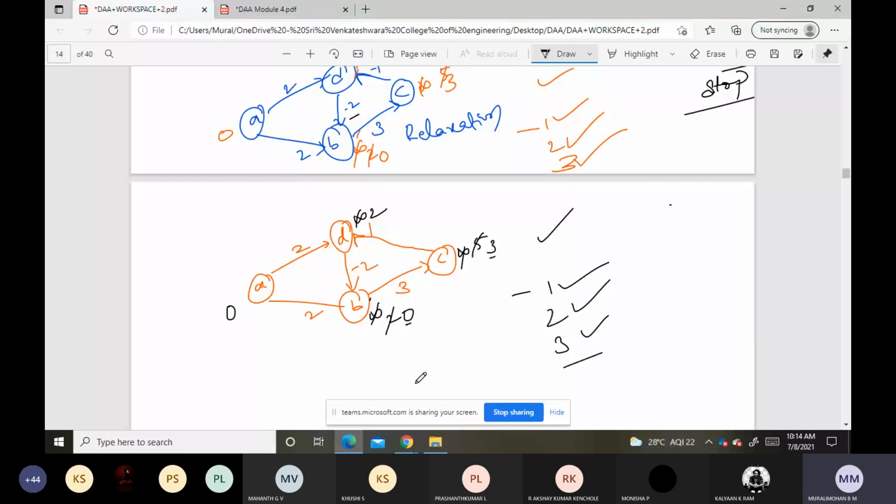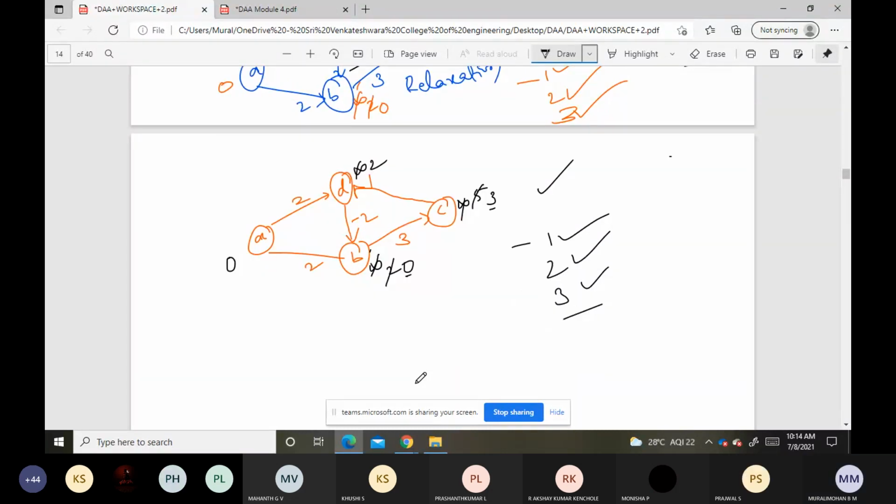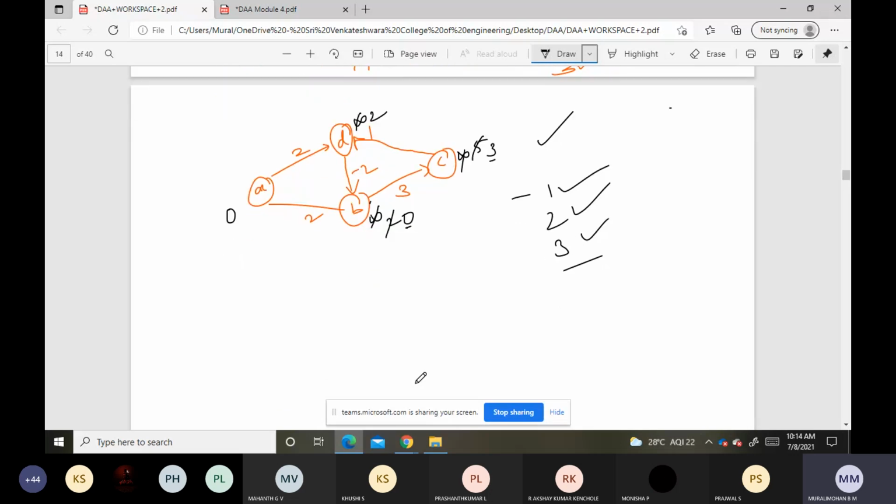Next example, let us take. Just observe here. So 1, 2, 3, 4.